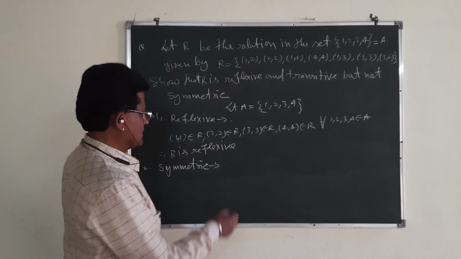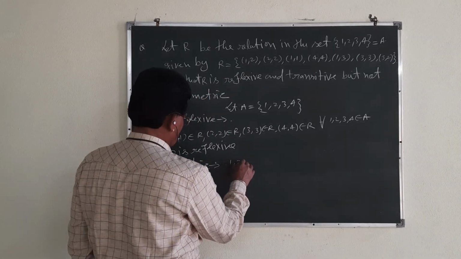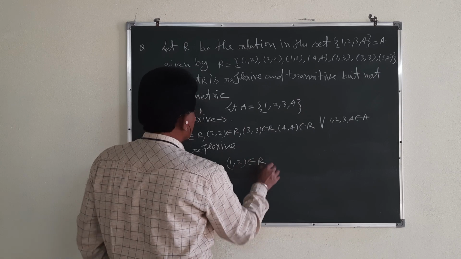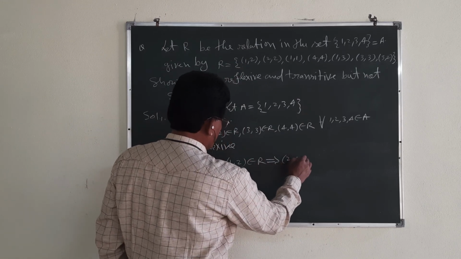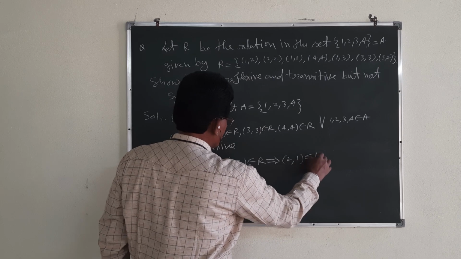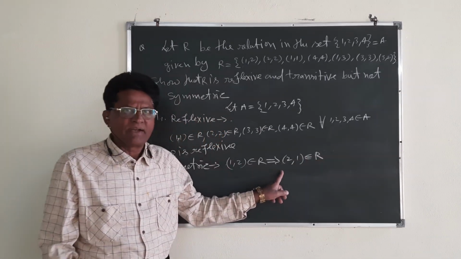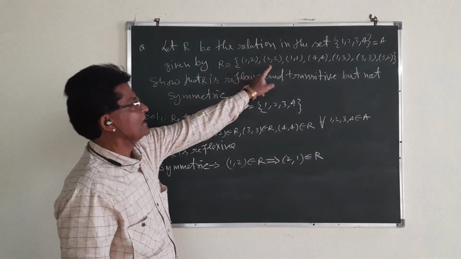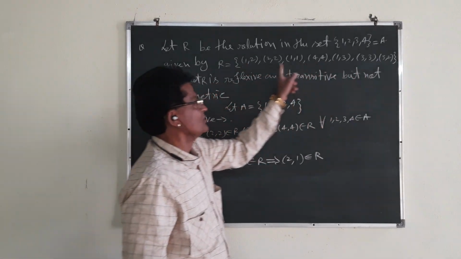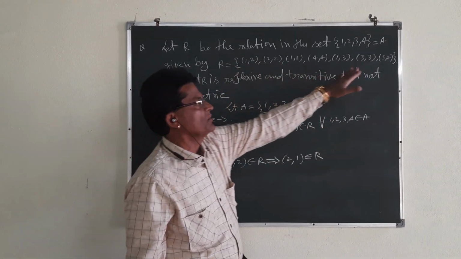You see, let me take (1, 2). (1, 2) belongs to R, it is given over here, but it implies that (2, 1) also must belong to R. But (2, 1) is not there in this relation. You see, anywhere (2, 1) is not given.